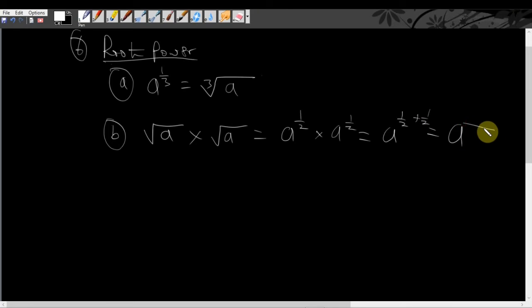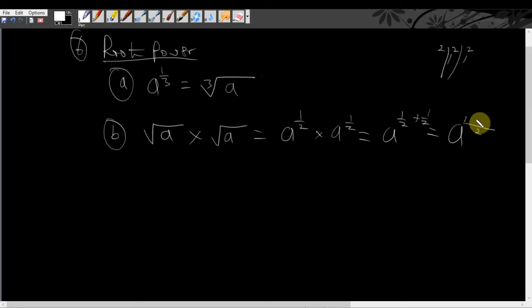What do you have here? You can do the LCM of this and this. Let's break it down in a way everybody will follow. LCM of 2 and 2: what can divide this is 2. 2 divided by 2 is 1, 2 divided by 2 is 1. Since 2 has divided all of them to give 1, 1, 2 is the LCM. Then this 2 divided by this 2 gives 1, times the numerator 1 is 1.